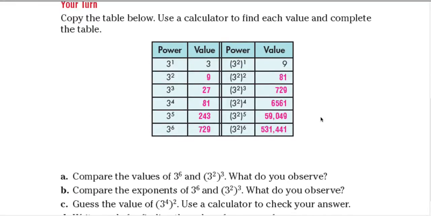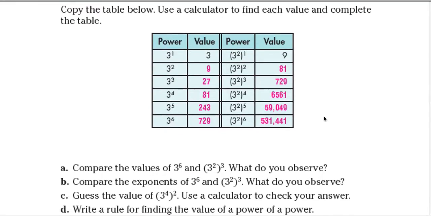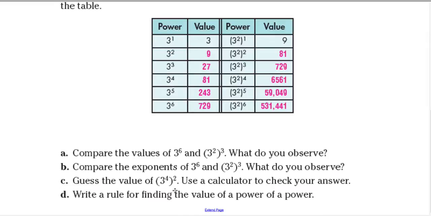So if you look at letter C, guess the value of 3 to the 4th power raised to the 2nd power. What do you think? This will be this number right here. Why? Because this is the same as 3 to the 8th power.